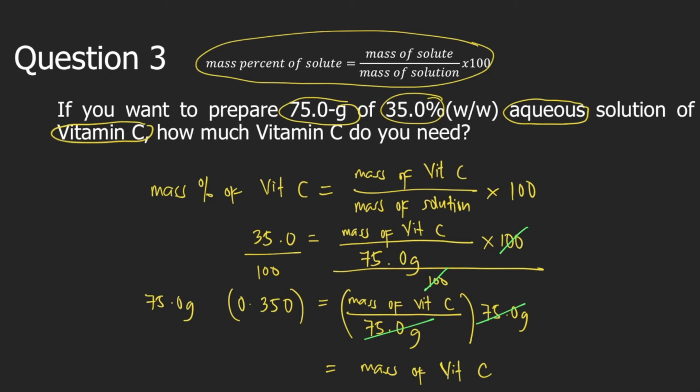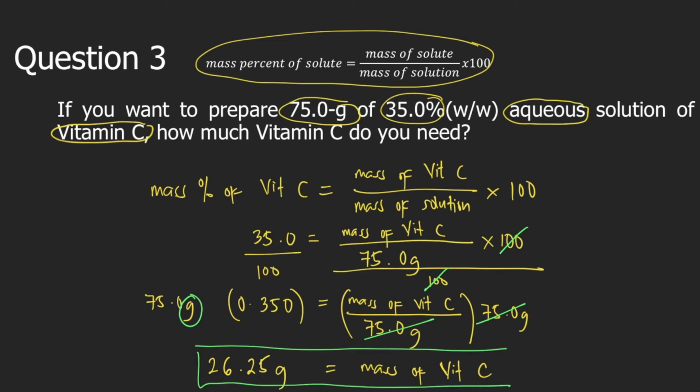This is equal to 26.25, and the unit would be grams. So the mass of vitamin C that you need is 26.25 grams. And this is the answer to the question.